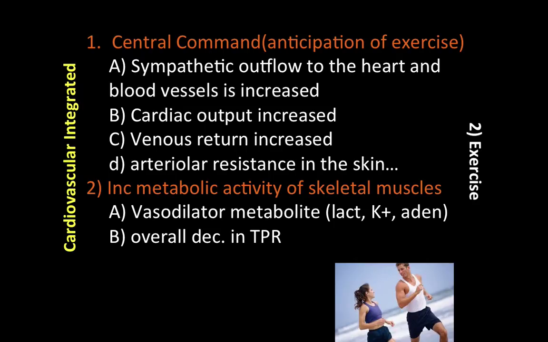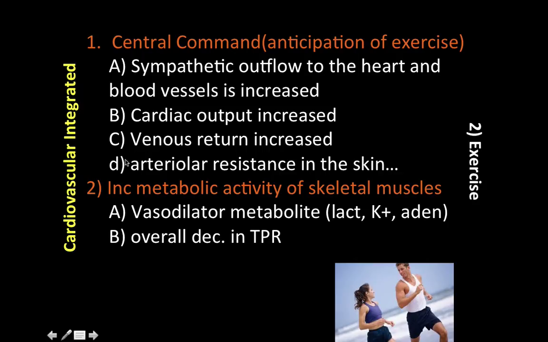The third thing on the list is venous return increasing in anticipation of exercise, as a result of muscular activity and venoconstriction. Increased venous return provides more blood for each stroke volume, and that's the Frank-Starling relationship that we talked about before.